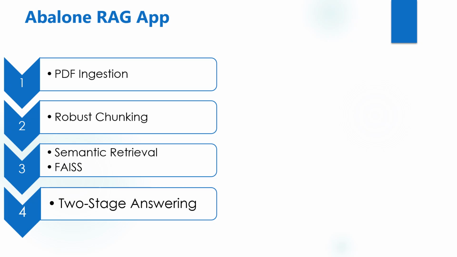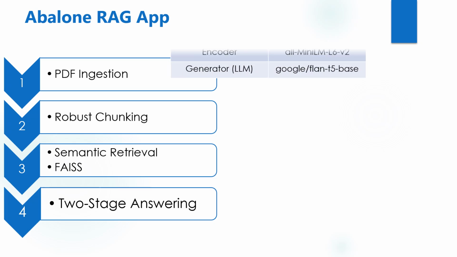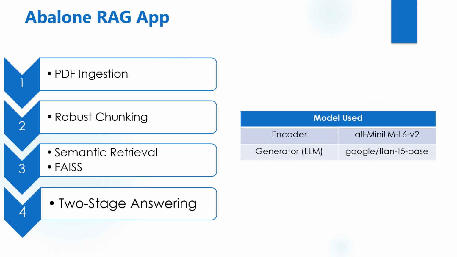This table outlines the four main steps used in the RAG application, from PDF ingestion to robust chunking to semantic retrieval, and lastly to two-stage answering, and finally the encoder and generator models that we use in the app to produce accurate and source-grounded responses. As you can see, the encoder is the all-MiniLM-L6-v2, and the generator is Google Flan-T5 base.